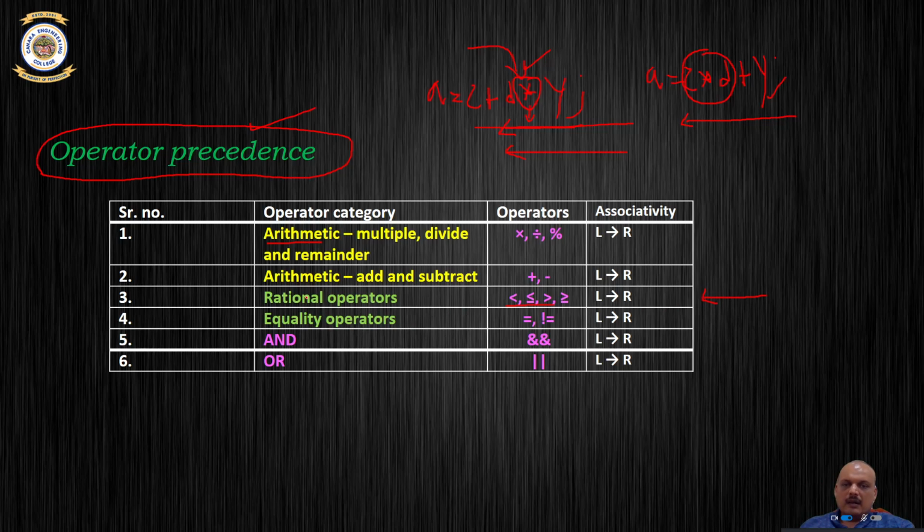The equality operator falls below the relational operators. Even though equal to and not equal to, there should have been another equal to sign out there. Okay, fine. So equal to and not equal to operators are again relational operators, but their precedence is lower than that of the other operators under the relational operators.